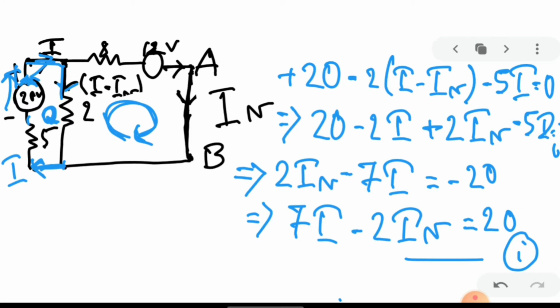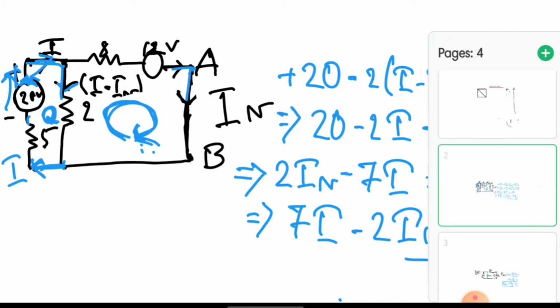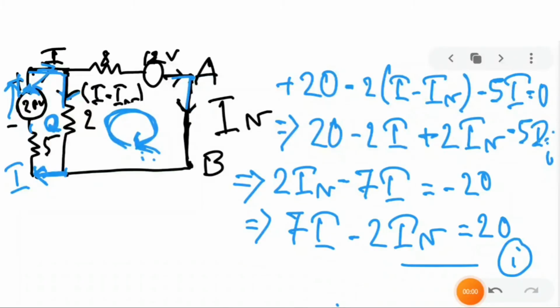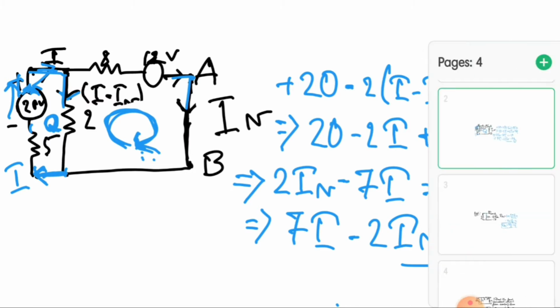And we need to apply the KVL in this circuit also. In this circuit we have calculated, and now we need to calculate in this circuit. So now we are applying the KVL in this big loop.